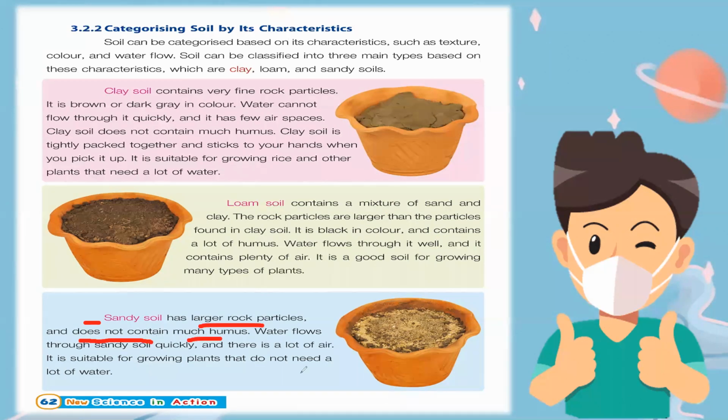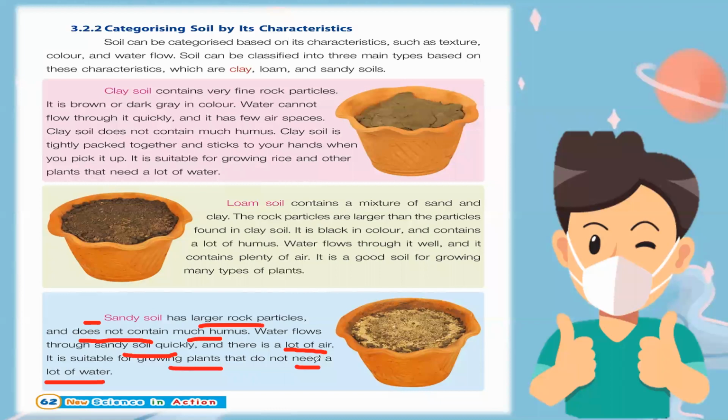Water flows through sandy soil very quickly, and there is a lot of air. It has the highest amount of air as well. It is suitable for growing plants that do not need a lot of water.